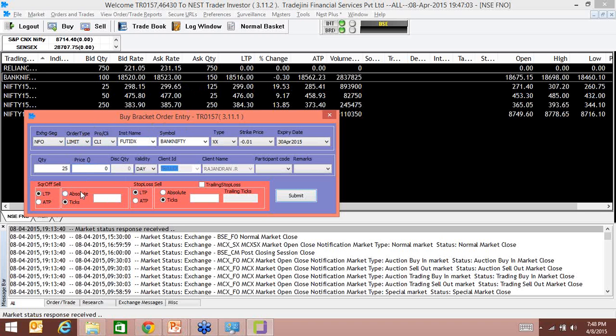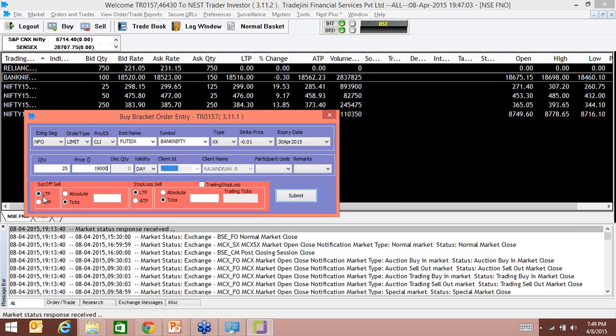Obviously for that I have to put a stop loss and a square-off sell which will book profit. Suppose I want to buy Bank Nifty at 19,000.